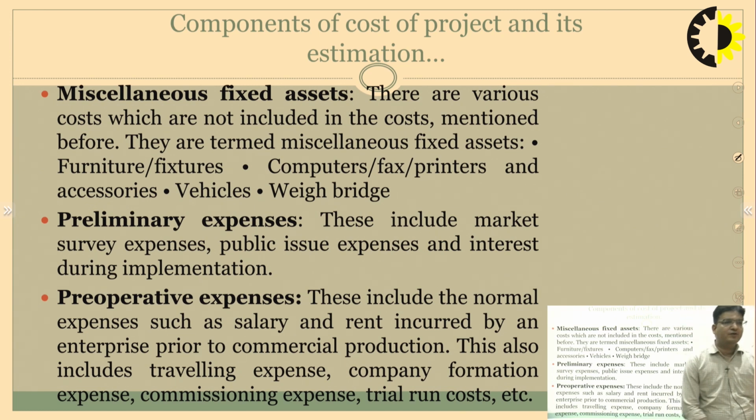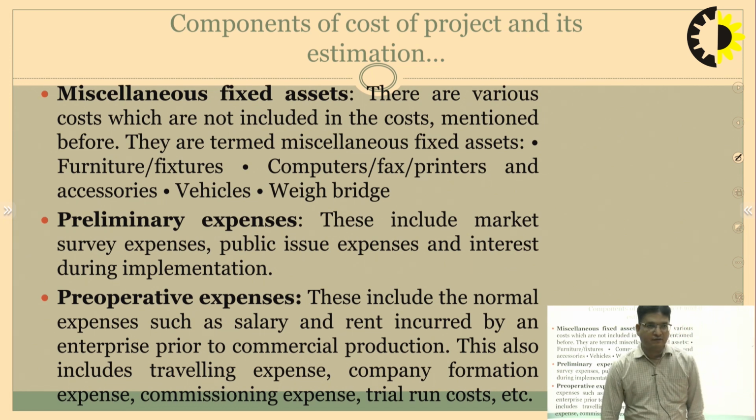Then the pre-operative expenses. These expenses include the normal expenses such as salary and the rent incurred by an organization prior to the commercial production. This includes the travel expenses. The person has to travel at various places, company formation expenses, commissioning expenses and trial run costs. A trial run is also required.